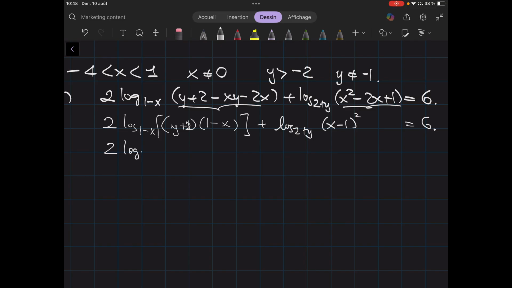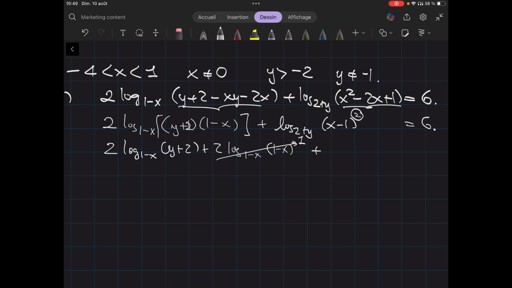We can use our log laws to simplify the first term a bit more. This guy is simply 1. Now you need to be very careful dealing with the square up here.